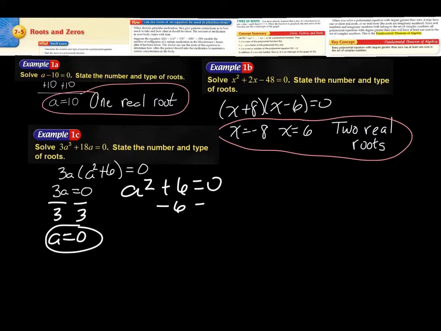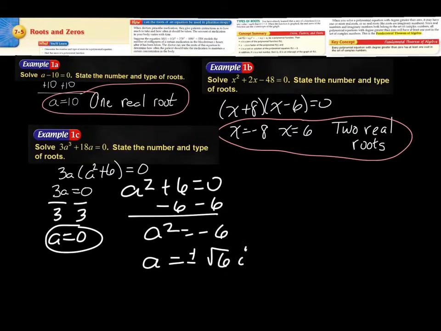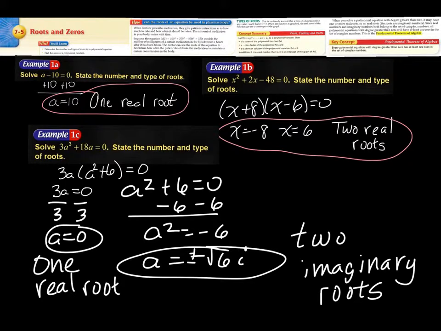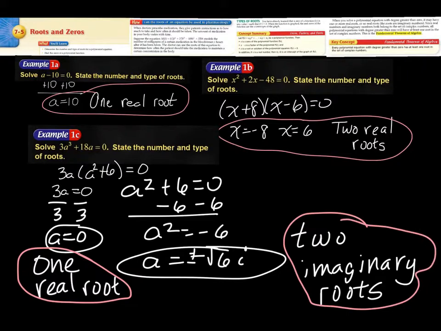I'm going to have to subtract 6 and take the square root of both sides. And square root of negative 6 is square root of 6 and square root of negative 1 is i. So it looks like this time we ended up with one real root at a equals 0 and two imaginary roots at positive and negative square root of 6i.